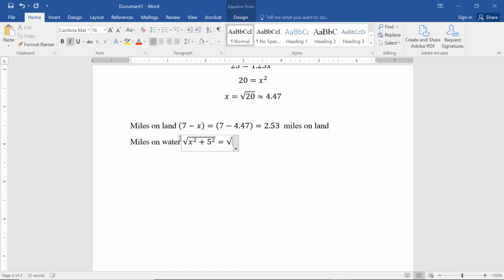If we take square root of 20 and then square it, oh, that didn't work.